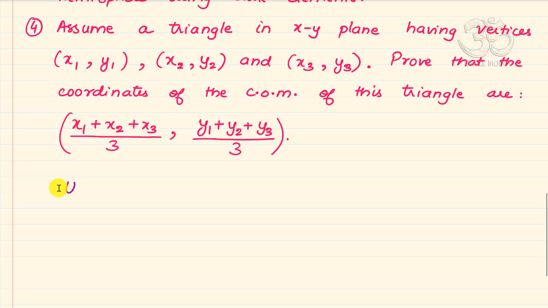This is a uniform triangular plate, and not just a system of three rods that make a triangle. So for a uniform triangular plate, we will have to prove that the coordinates of the center of mass are the centroid of that plate.